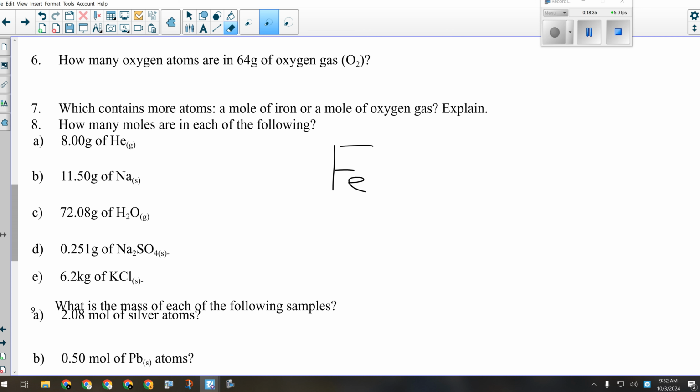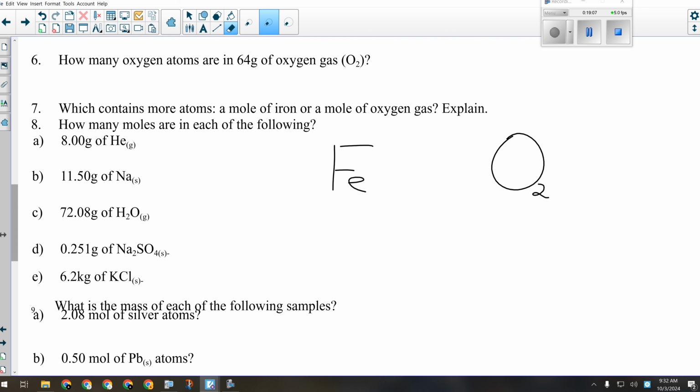If I have 1 mole of oxygen gas, I have 6.02 times 10 to the 23 molecules of oxygen gas, each molecule containing 2 atoms. Everyone following the difference there? 1 mole of oxygen is still 6.02 times 10 to the 23. But remember, oxygen comes as a molecule. Iron comes as single atoms.